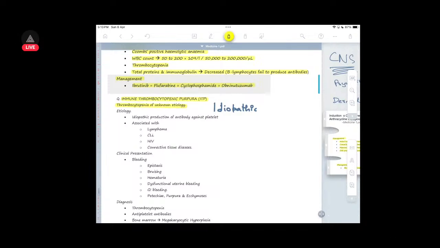Thrombocytopenia of unknown etiology, idiopathic. There is production of antibody against platelets, associated with lymphoma, CLL, HIV, and connective tissue disorders.